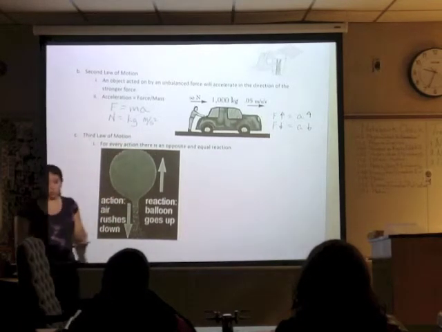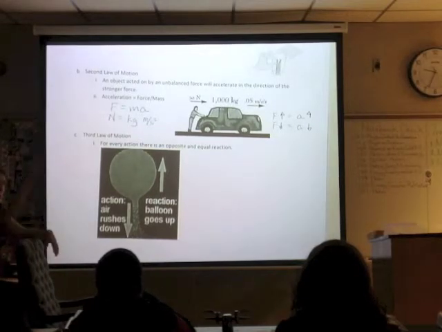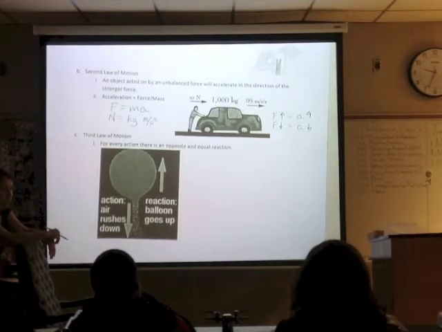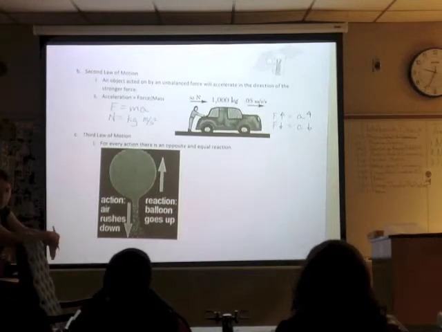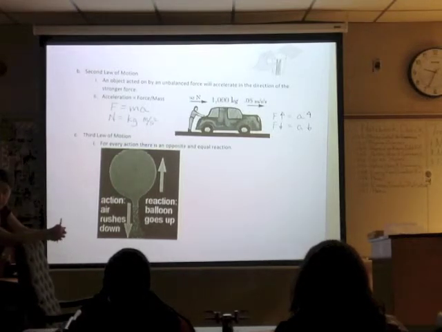That's an opposite, equal reaction. That's how we can get spaceships up into space. When the boosters go, they're pushing down air or gas. The explosion pushes down gas, and it pushes the rocket up. So that is what the third law of motion says.